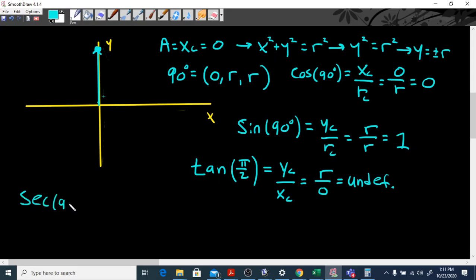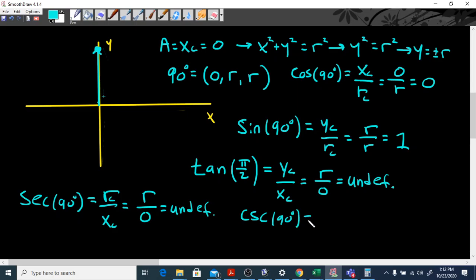Secant of 90 degrees. Well, that's just the reciprocal of the cosine, r over x. And the r is r, and the x is 0. You divide by 0, you're undefined. Let's see. Let's do the cosecant of 90 degrees.